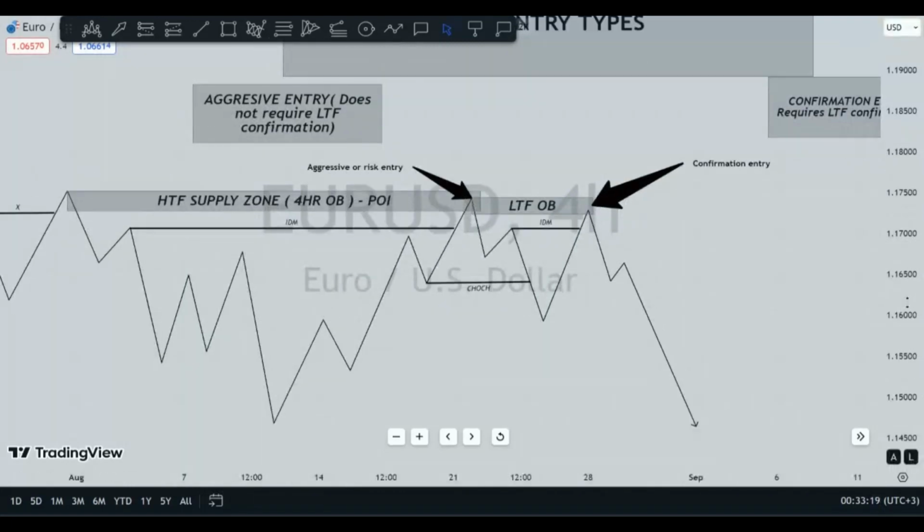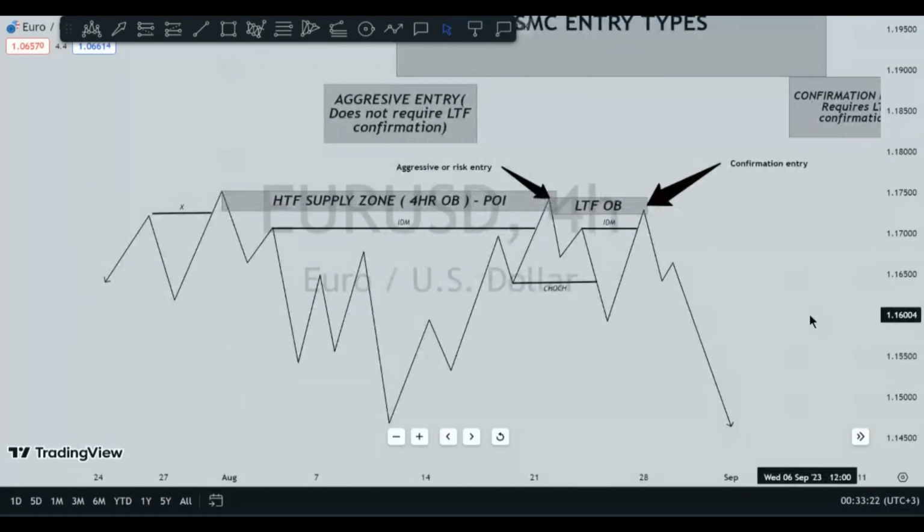So with aggressive entry, which doesn't require lower time frame confirmation, what you do is you first identify your higher time frame supply zone, or rather order block, which will be your higher probability POI.